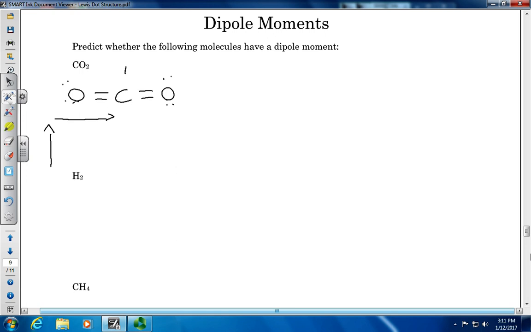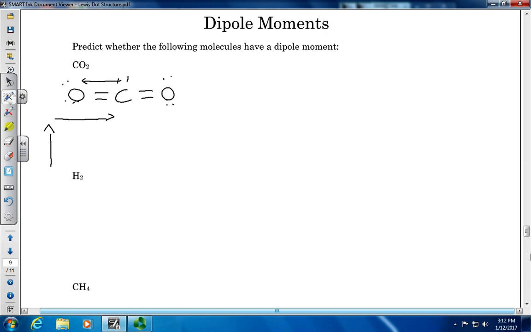So we're going to draw vectors to indicate the difference. Basically what's happening is the electrons are getting pulled from the carbon toward the two oxygens on either side. So we can draw vectors here, dipoles.